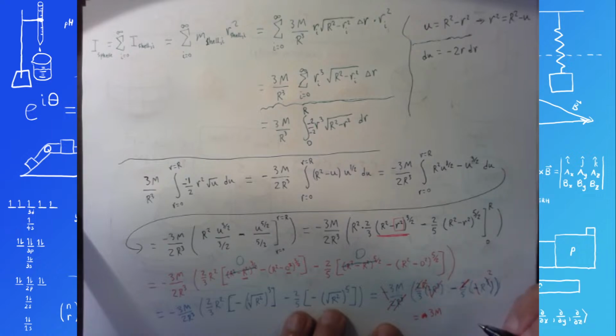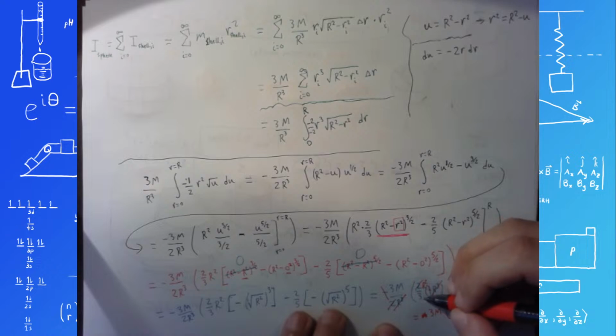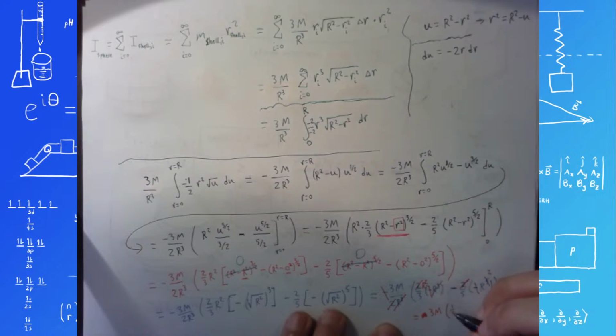So now I've got 3m times, what's left? I've got a 1/3 and an r squared. 1/3 r squared minus, this reduces to, I should have written them as ones over here, reduces to 1/5 r squared. 1/3 minus 1/5.